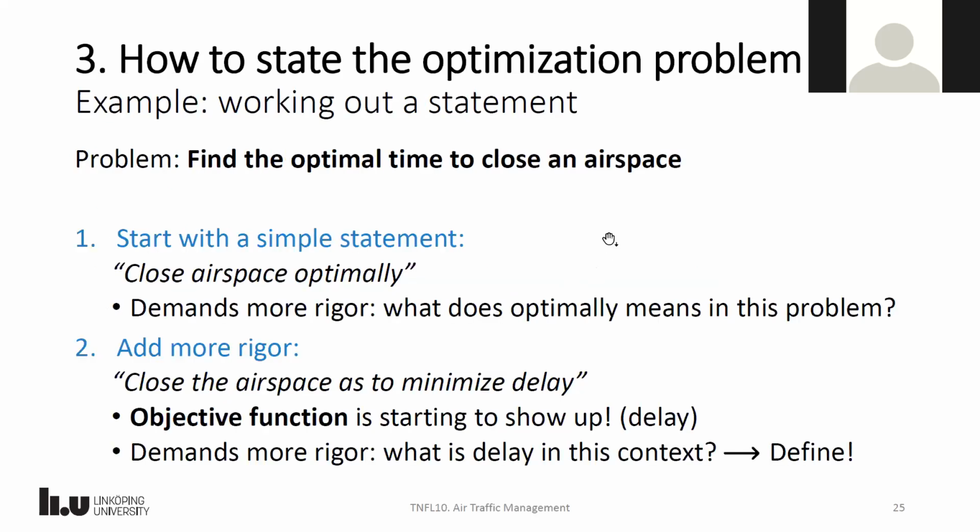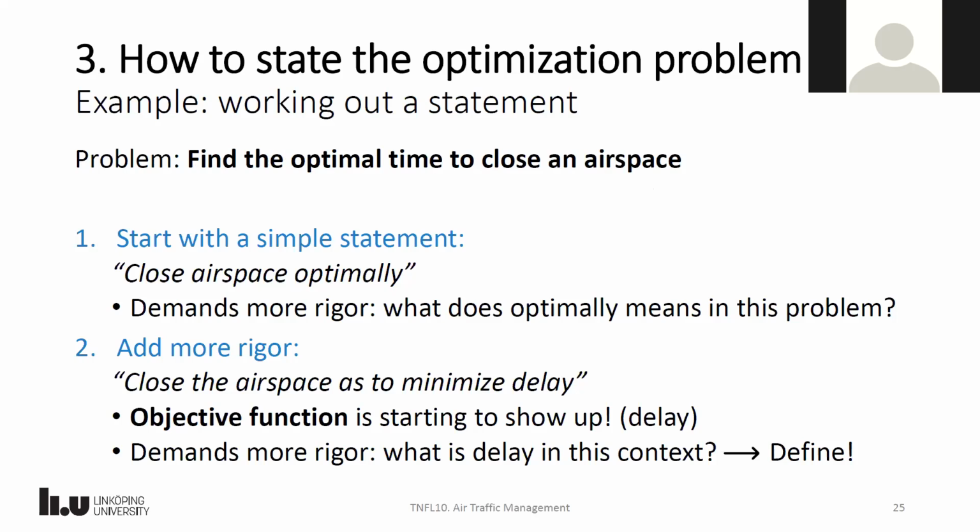So now, using these definitions, using these concepts that we have seen, we're going to try to work out a statement. We're going to try to come from one idea of an optimization problem to a full statement of the problem. So the example will be to find the optimal time to close an airspace. So we are working with a problem where we have an airspace and it's necessary that it's closed for a certain amount of time.